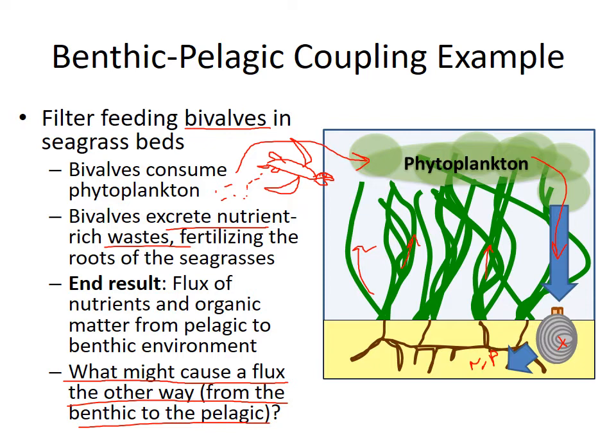So the theme here is that the transfers can go both ways, from the water column to the bottom, or from the bottom to the water column, and that those transfers are often mediated by animals. So for the phytoplankton to seagrass transfer, the clams are the mediator, and for the seagrass to phytoplankton transfer, the sea turtle is the mediator.